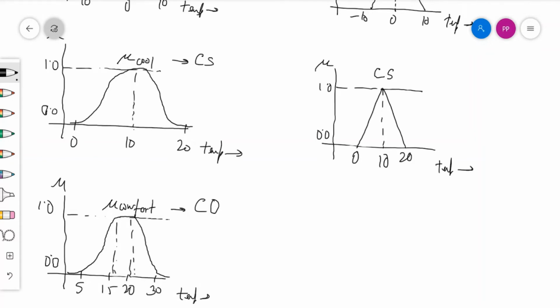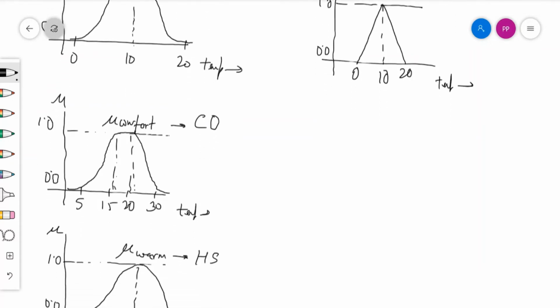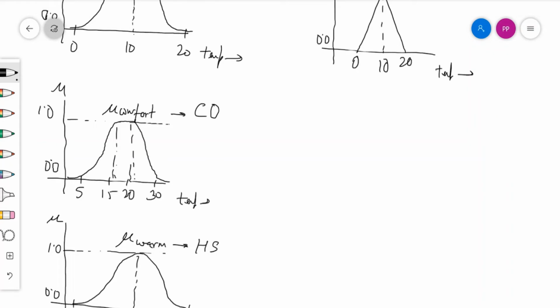Let us go a little ahead. Now we are having a flat zone over the period of 15 degrees Celsius to 20 degrees Celsius. So let us draw it like this. This is the value of mu, this is 1.0.